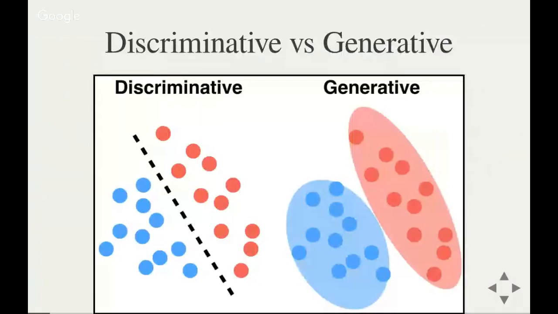This is just an illustration of what we're trying to model with the two different approaches. On the left, we have a discriminative model, which is simply trying to draw a line dividing the blue and the red classes. Whereas with a generative model, we're trying to learn the entire space that these blue and red classes might belong to. So we're learning all of this blue, which does not correspond to a specific data point.